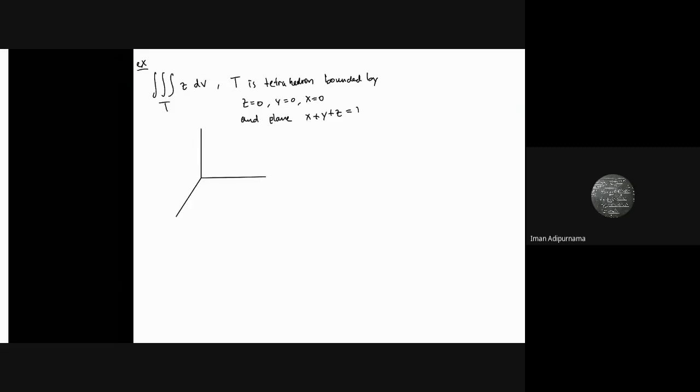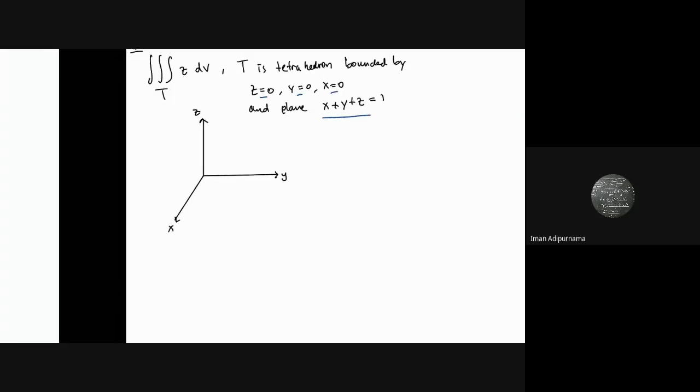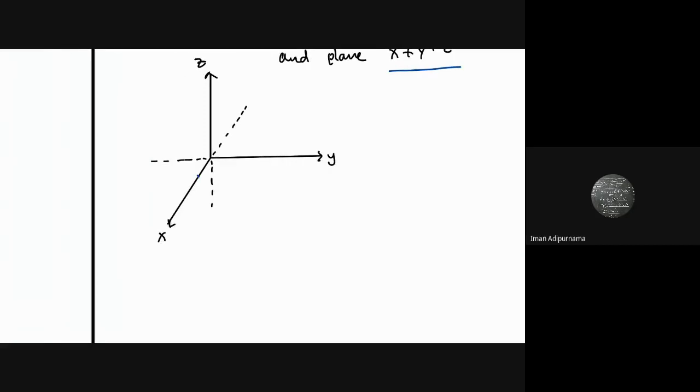So let's say this is z, x, and then y. So the plane first, x, y, and z. You can try to check. And because you have z equals 0, y equals 0, and x equals 0, those are also the boundaries. You can check that out. So if you draw, let's say this is 1 here.